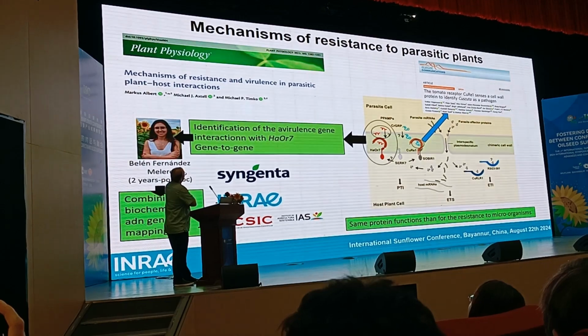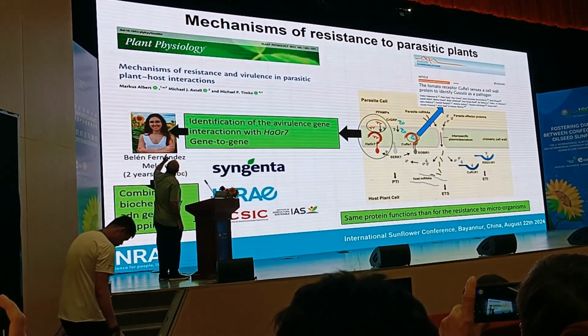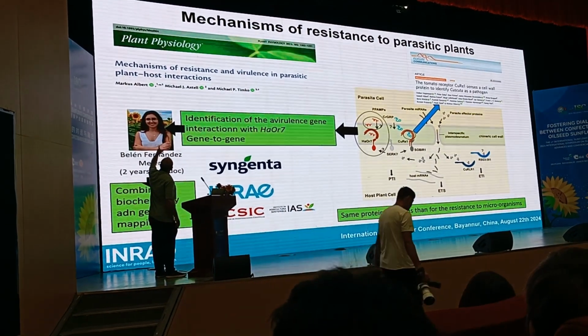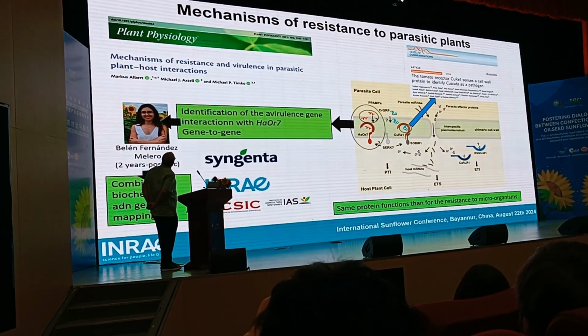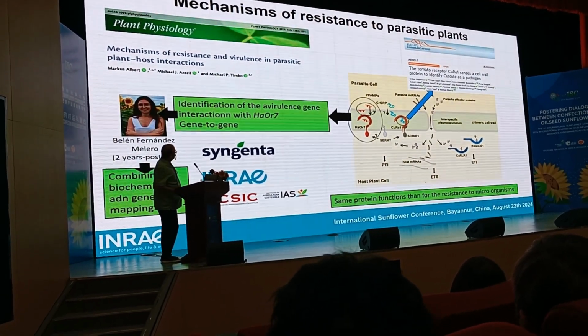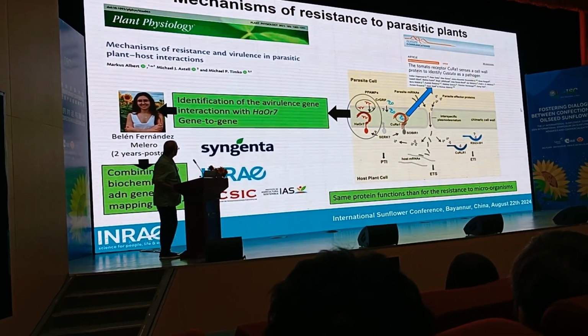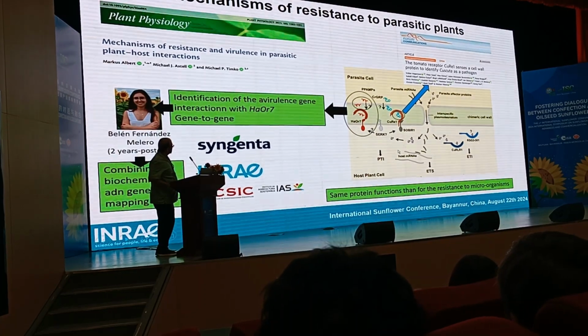What are the mechanisms of resistance to parasitic plants? I encourage you to read this review from Markus Albert from Germany, published in Plant Physiology, and they propose this picture.